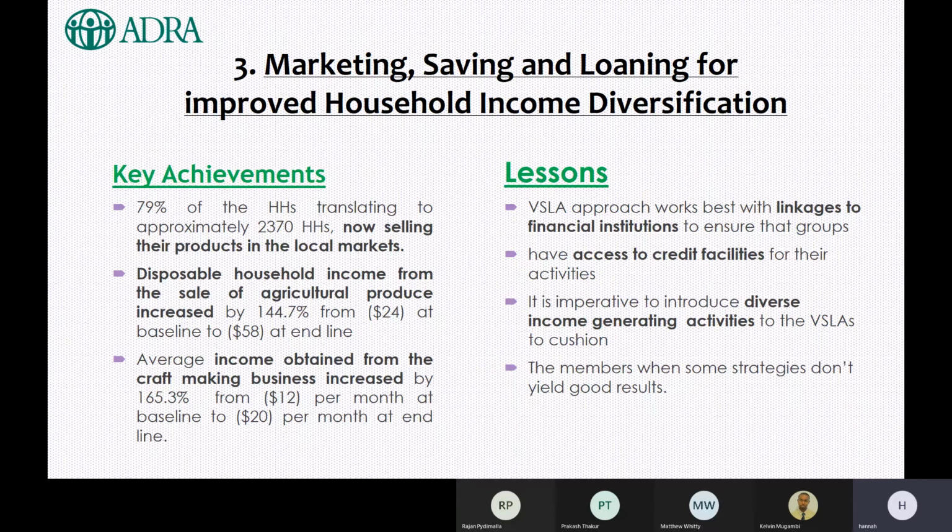When the baseline was conducted, the income from the craft making business was $12. It went from $12 to $20 per month at the end of the project. This was for the household member who was doing crafts. So for them, being in the very interior villages, getting to even $20 is a great achievement.